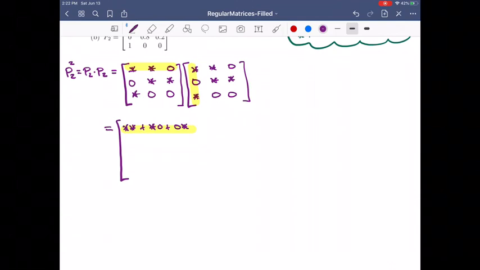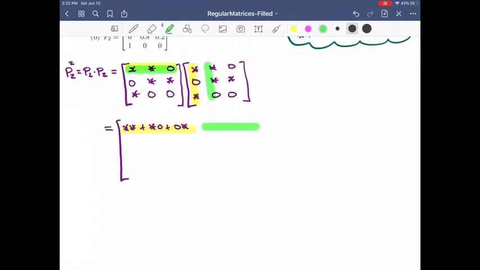When I take this row times the next column, I have a star times a star plus a star times a star plus a 0 and a 0. The last one is that row times the last column: a star times a 0 plus a star times a star plus a 0 times a 0.